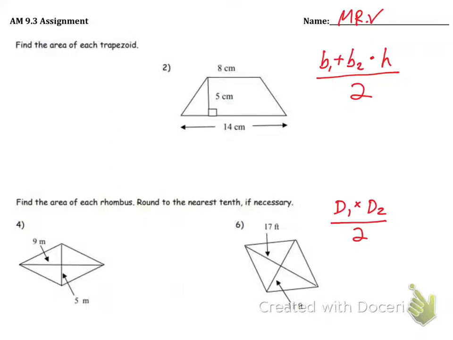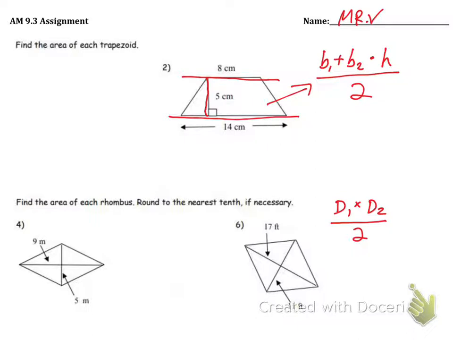So you look for this 90 degree right here, and you'll be able to find your height. And then this is obviously base 1, and this is base 2. So all I do is plug those into this equation. You could do base 1 plus base 2 right away. I would just do 14 plus 8, and that's going to be 22.